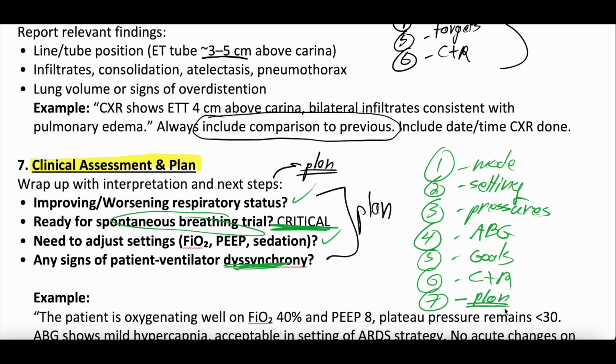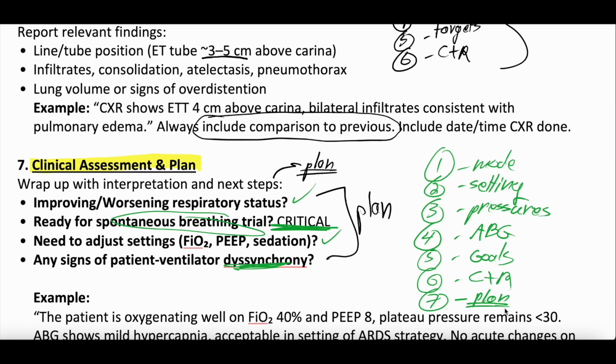We would say something like, patient X is on, and we're not going to use the abbreviations, we're just going to use the order of things. So patient X is on AC/VC 18, 450, 40%, and 8 with an I to E of 1 to 3. Peak pressures are 30 to 40, plateau of 28 with a driving pressure of 14. Most recent ABG from 1 hour ago, 7.34, 48, and 68.